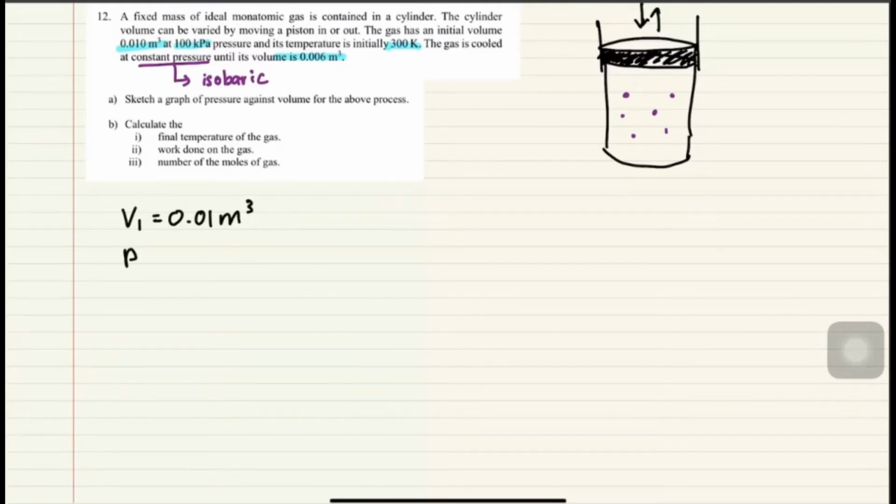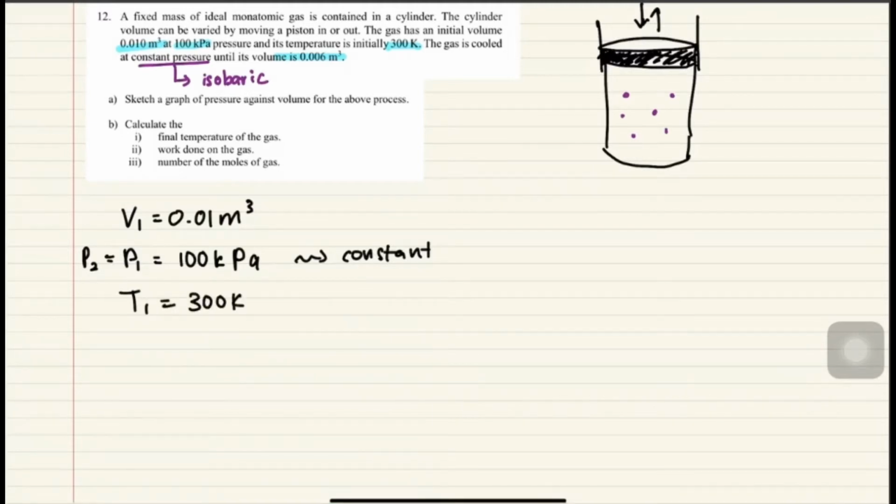P1 is 100 kPa, this one is a constant. So basically P1 and P2 are the same, or unchanged. Temperature initially is 300 Kelvin.